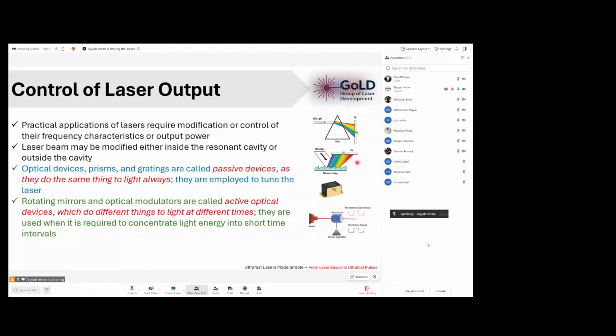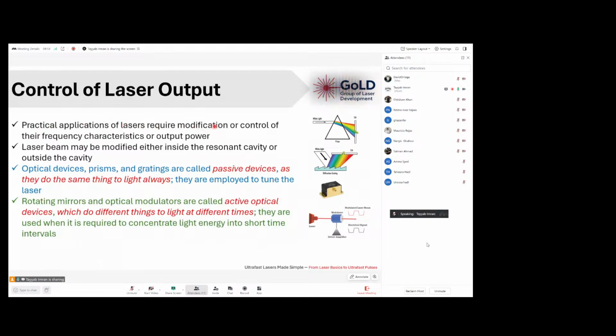With the grating, you can also control which wavelength you want at the output. There are also other devices, which you may not understand yet, called modulators; they modulate the light passing through them. These are called electro-optic devices.